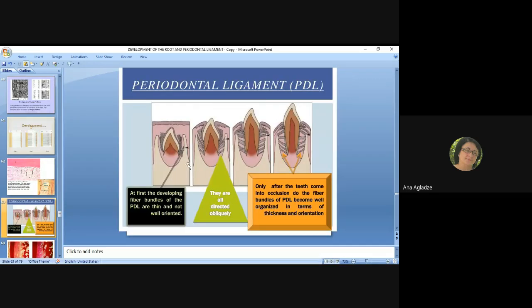Here you can see the development of fiber bundles of the periodontal ligament, and they are thin and not well oriented. After this, they have such orientation, and they are oriented obliquely, and only after the tooth comes into occlusion, they have such bundles of periodontal ligament, and it becomes well organized in terms of thickness and orientation.